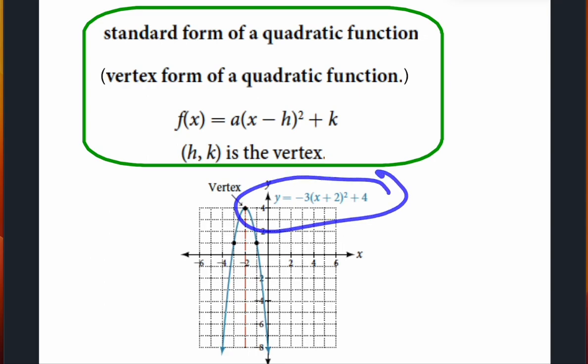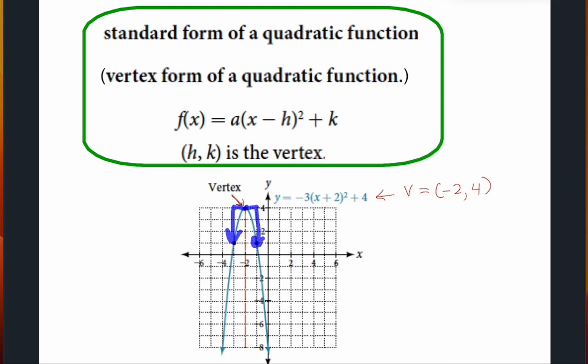Like if we look at this function right here, we know that our vertex is the opposite of what's inside. Remember, it does the opposite of what we'd expect. So our vertex, you can see, is this point right here. We are at negative 2, 4, and the negative 3 has flipped it. Now, watch something that's kind of cool. If you look, see how it's 1 over and 3 down, 1 over and 3 down.